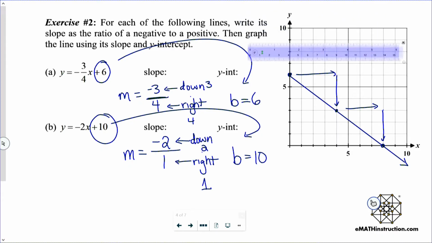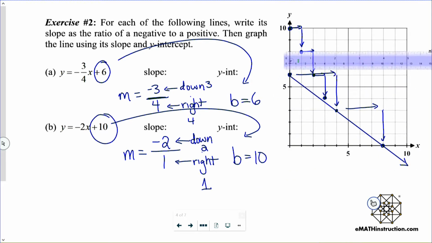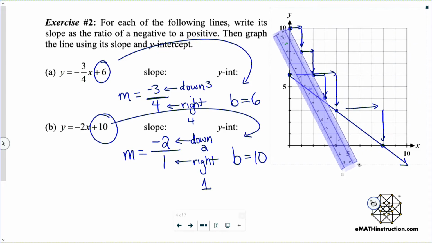So, easy enough, let me just move my ruler out of the way. I start here at 10, I go to the right 1 unit, down 2 units, right 1 unit, down 2 units, right 1 unit, down 2 units. That will be enough to get me my line. And there we have it.